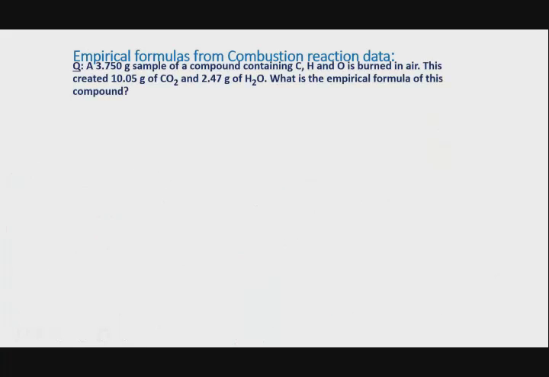Okay, let's look at the next problem. It's a similar problem in the sense that it also deals with combustion analysis data of a compound, in this case that is not just made of carbon and hydrogen but has carbon, hydrogen and oxygen. In other words, CxHyOz reacts with oxygen gas in air when burned to make carbon dioxide and water.